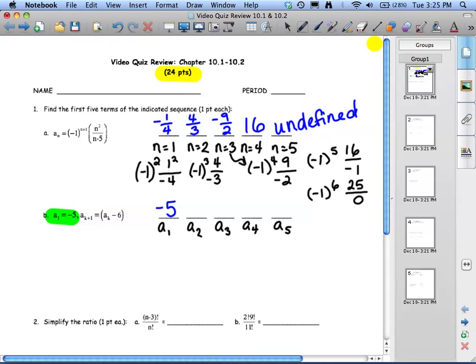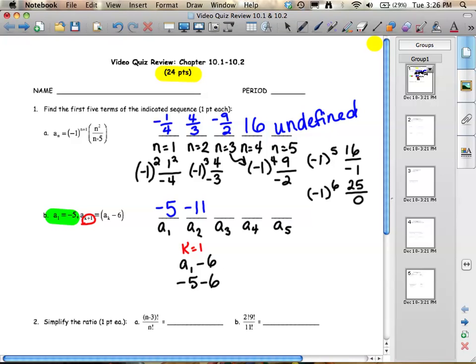Now, to get the second term, I need K to be 1. Because if I want A sub 2, the only way to get 2 is for K to be 1, 1 plus 1. So the problem says to take A sub 1 minus 6, A sub 1 is -5 minus 6, so you get -11.